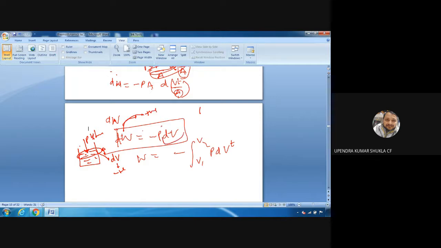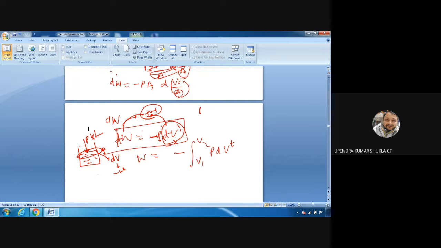But here, if you calculate, then dV is negative. Pressure is always positive. So this quantity will come out negative. So you must multiply it by a negative sign to make it positive. So this will follow the convention of the work. समझ आ गया कि नहीं आ गया?